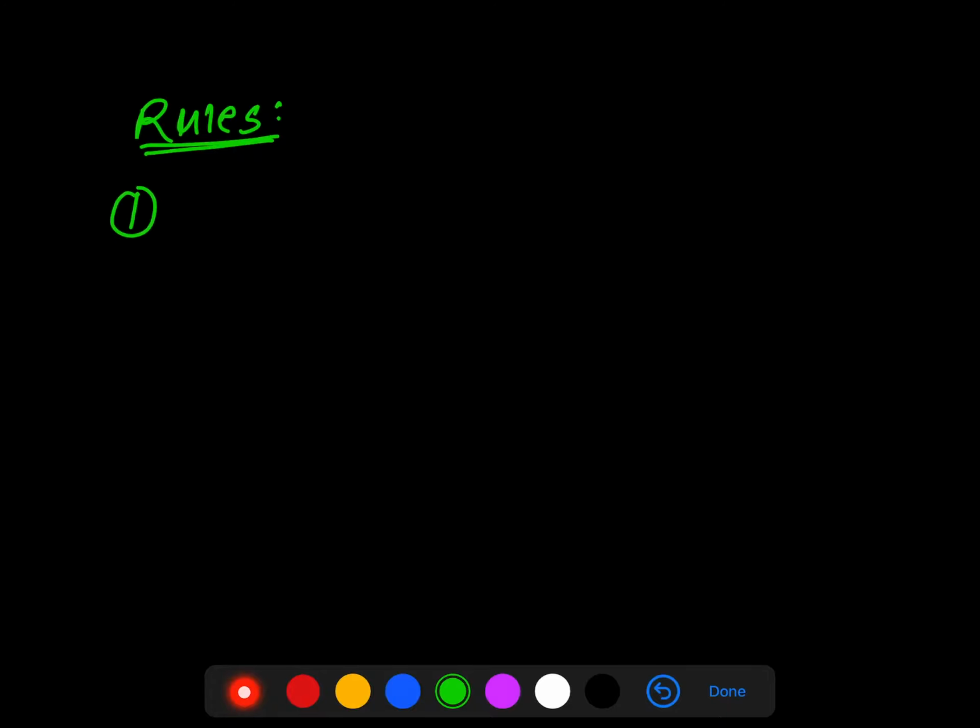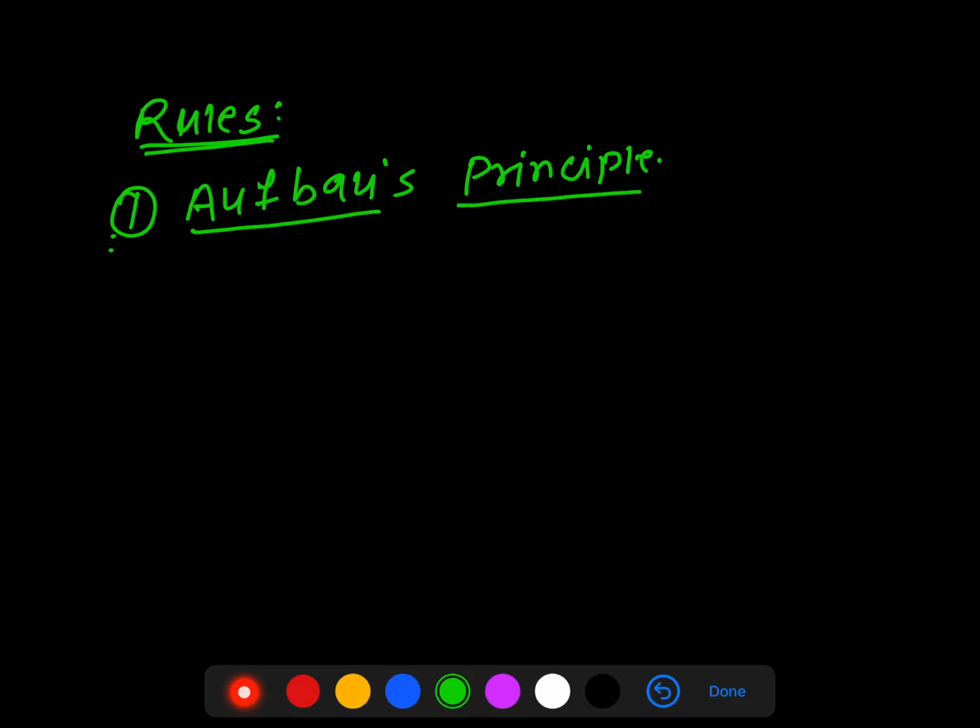The first rule is Aufbau's principle. Now, what is this Aufbau's principle?